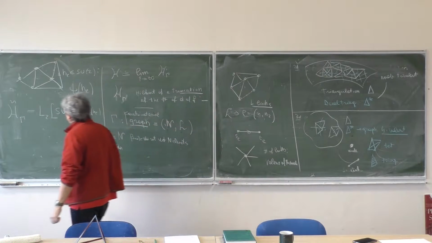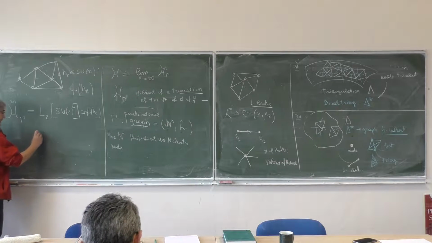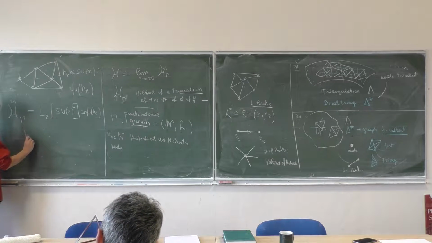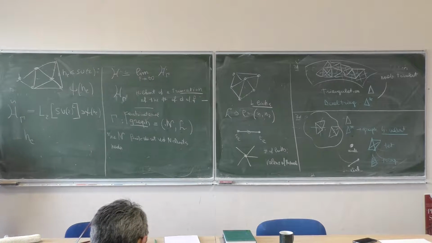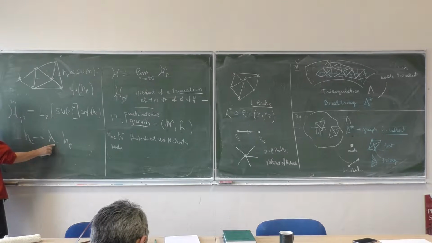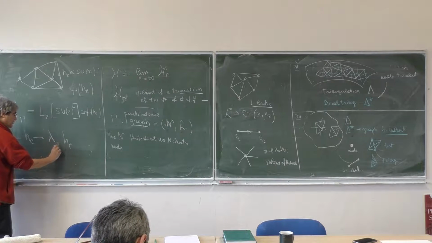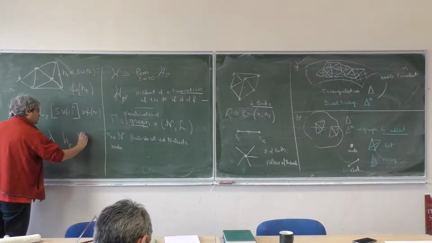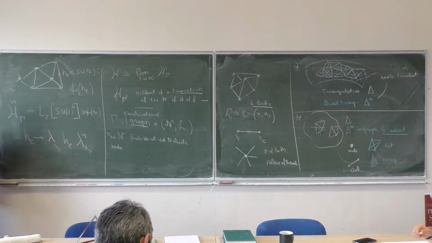We want to say that there is a gauge, exactly like in lattice QCD, which takes h_L, the SU2 group element associated to a link, and gauge transforms it into h_L multiplied by some group element lambda on the source of the link, and lambda minus 1, a different group element associated to the target of the link.